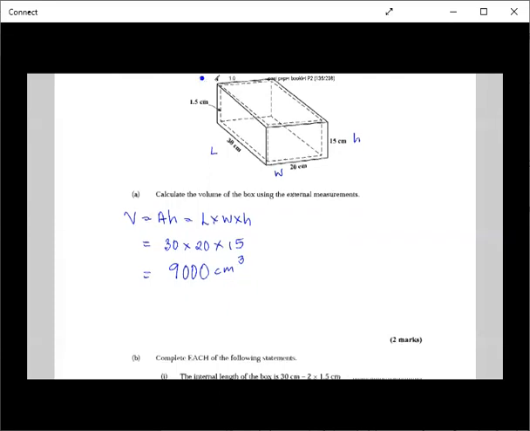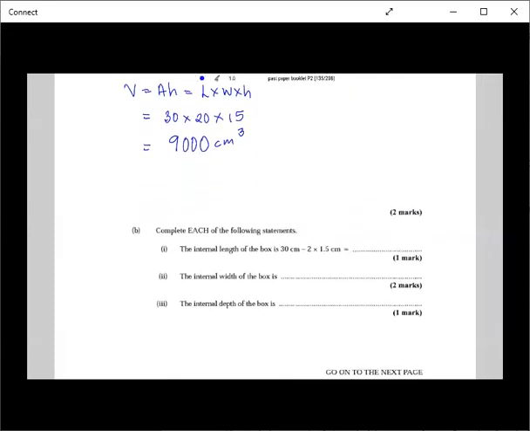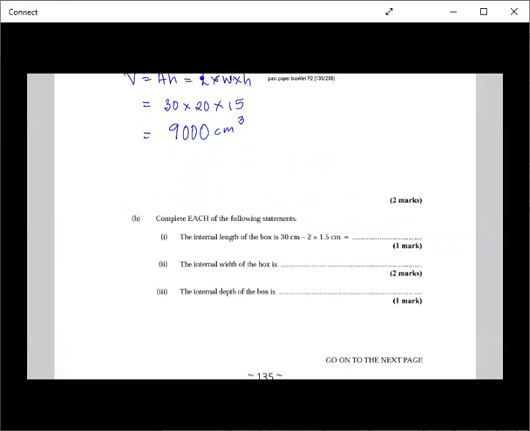Let's go to the next part of the question, B part of the question. The B part of the question says, complete each of the following statements. The internal length is 30 minus 2 times 1.5. This is 27 centimeters.